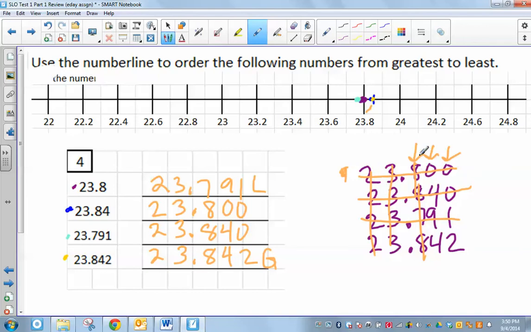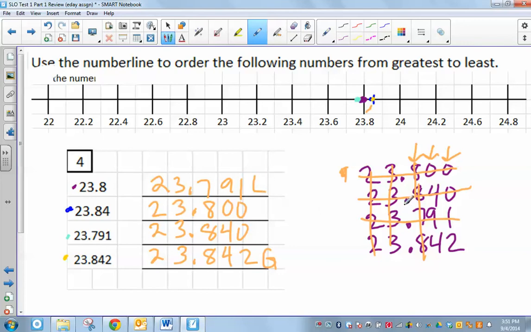So I'm looking in the tenths place, and I can actually find my smallest number first. And how do we know that this number right here is smaller? Well, because the 7 is less than the 8. So 23 and 791 thousandths is my smallest number.